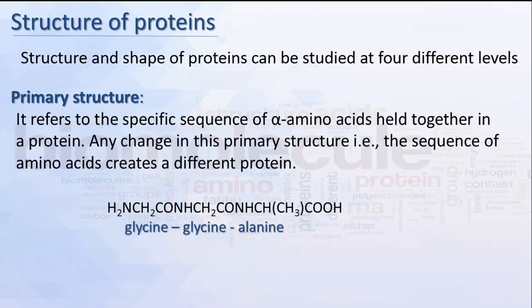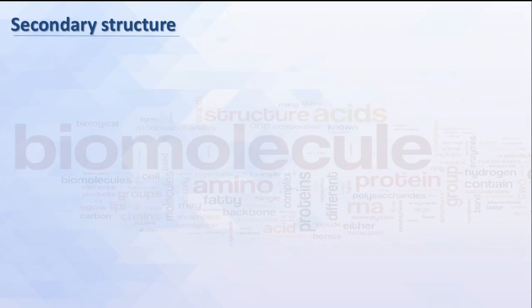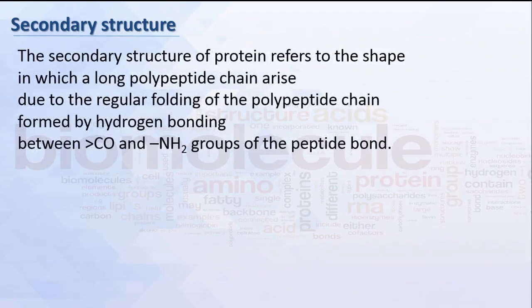This is one sequence. Secondary structure: the secondary structure of protein refers to the shape in which a long polypeptide chain arises due to the regular folding of the polypeptide chain formed by hydrogen bonding between CO group and NH groups of the peptide bond.